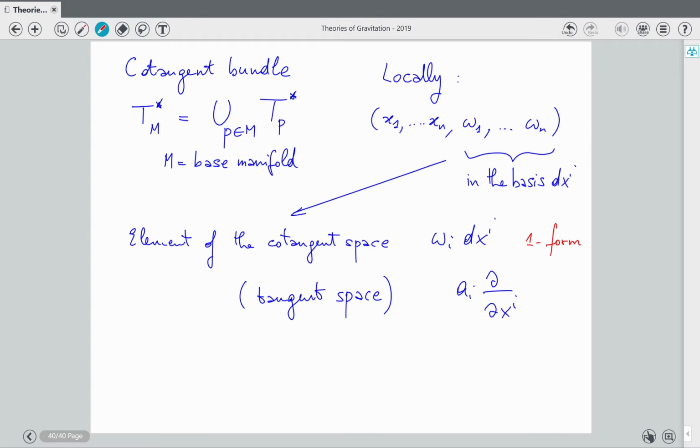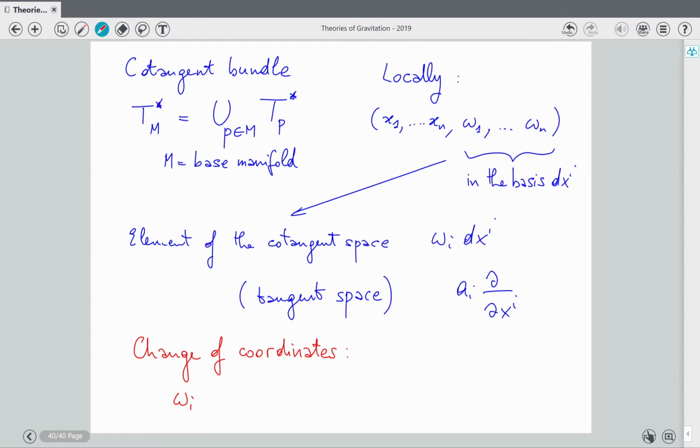Actually, to be precise, let me not use, it's too early to use this terminology, so let me first say what happens under a change of coordinates.